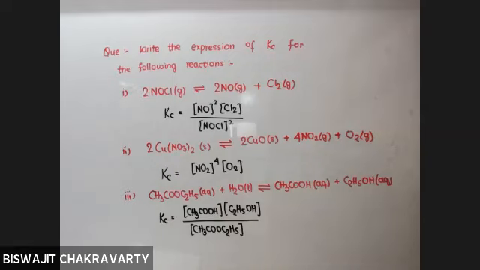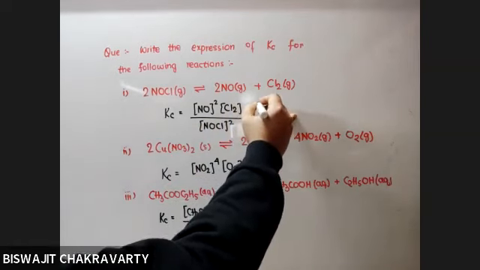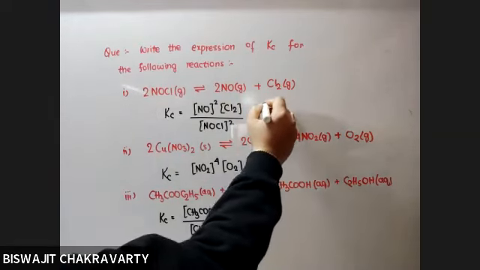If I would have been asked to write down the expression for Kp, even though it's not asked, the Kp depends only upon the gaseous substances. Those which are gaseous are going to come out in the expression.